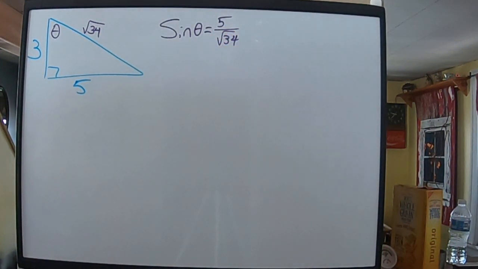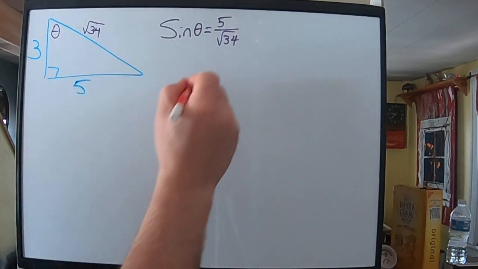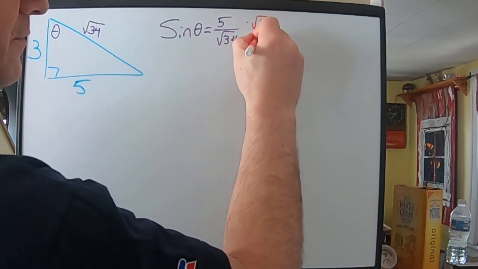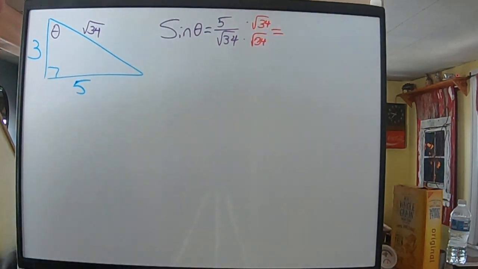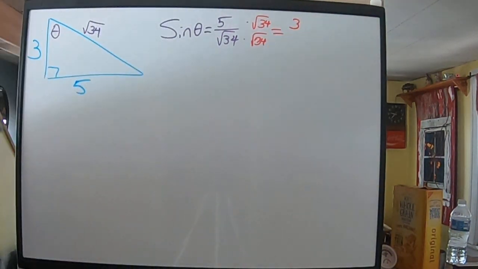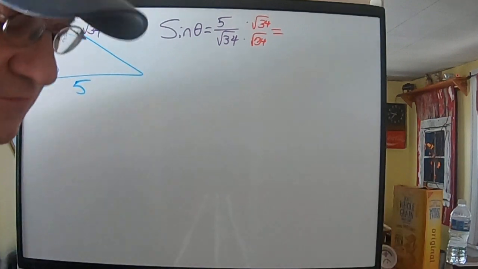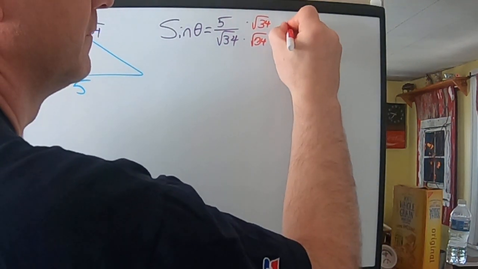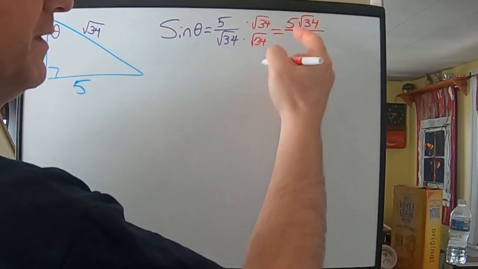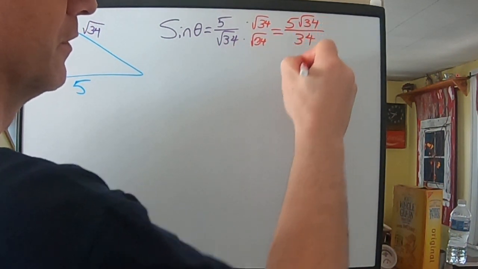Unfortunately, we don't like to leave a square root in the denominator, so we're going to rationalize that denominator by multiplying top and bottom by the square root of 34. So this gives me 5 square root of 34 over the number 34, when I multiply these.